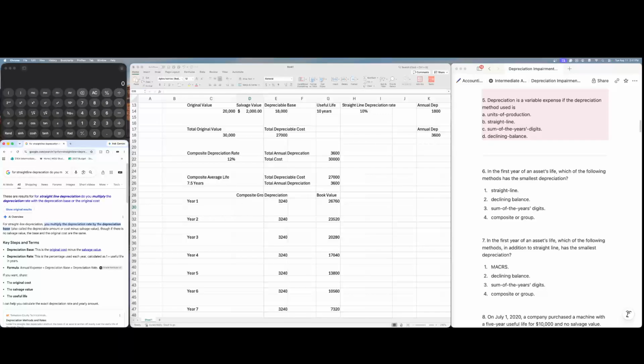A lot of times you have to multiply the depreciation rate by the depreciable base.